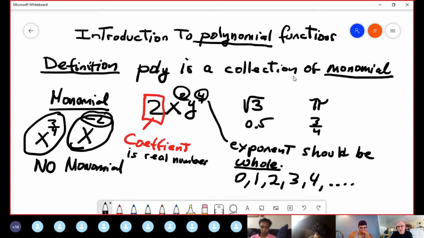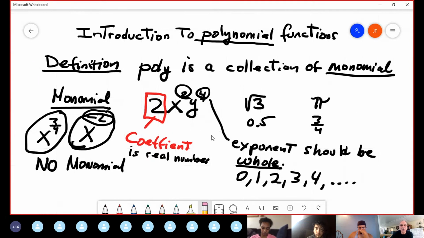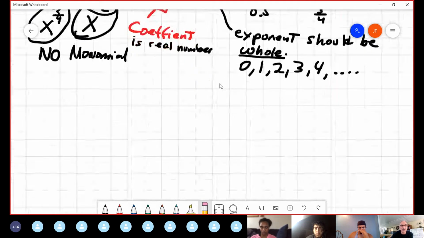This is clear, right? This is super straightforward. Now the important thing is the degree: the degree of the monomial and the degree of the polynomial. Let me explain degree. This is an important concept we will work with frequently.